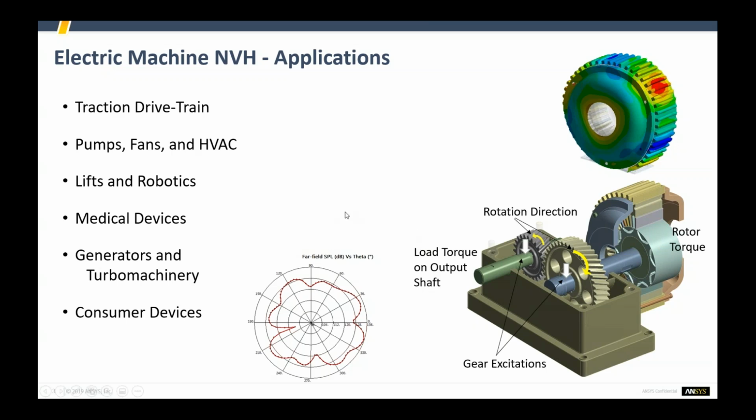So other than the car industry, the traction in the drivetrain, pumps, fans, and of course we talk about HV hybrid vehicles. It's also possible in the lifts, in the robotics, medical devices, generators, and the turbo machinery, as well as some of the consumer devices.